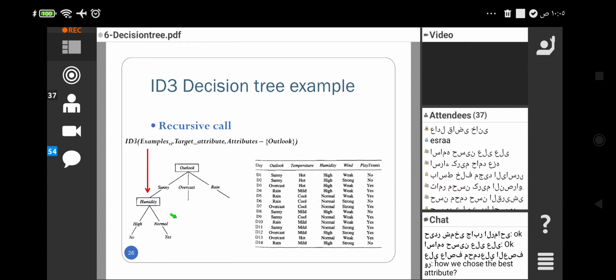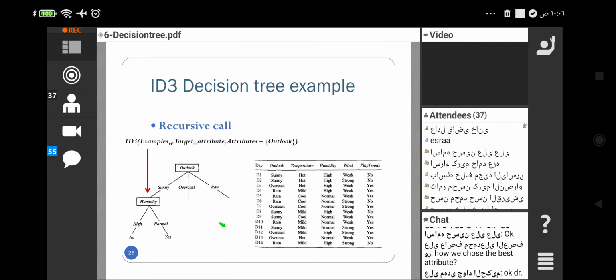So when outlook is equal to sunny, in the data that we have here, we only select the data in which outlook is sunny. So it's data 1, data 2, data 8, data 9, and data 11. Only 5 data have outlook sunny.